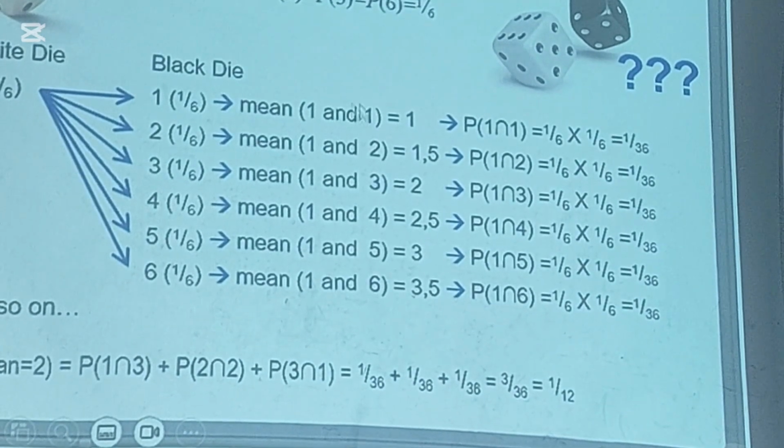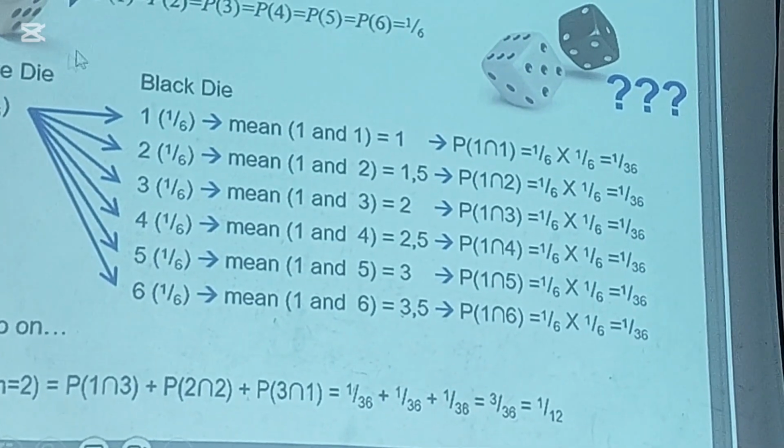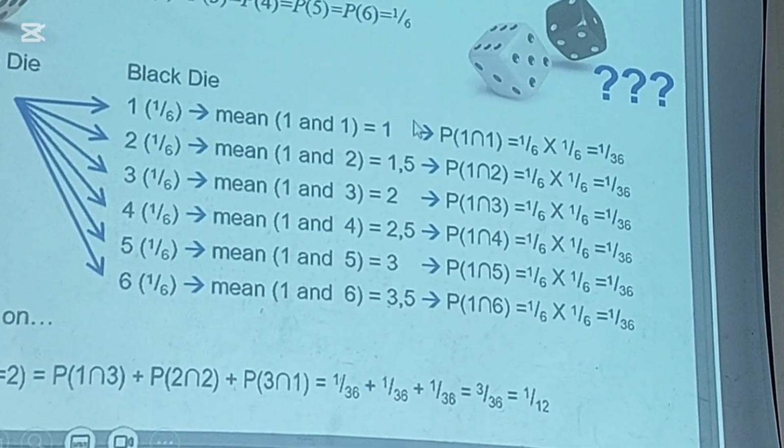So this is the mean for the white die and the black die.